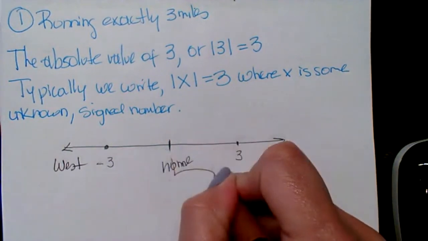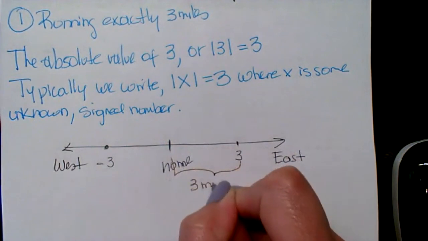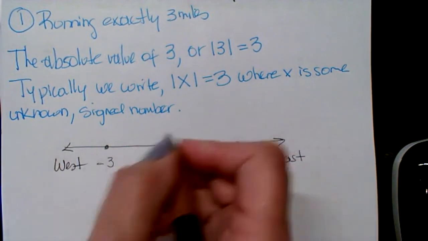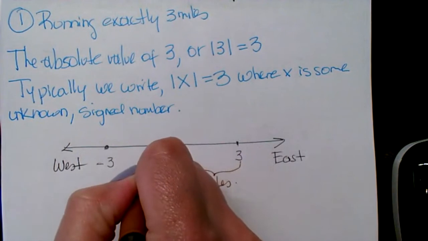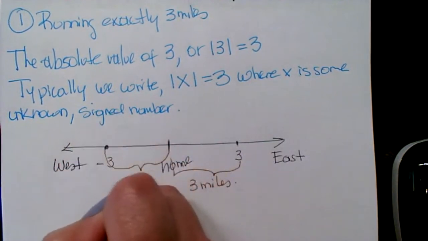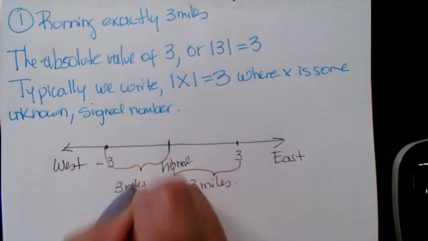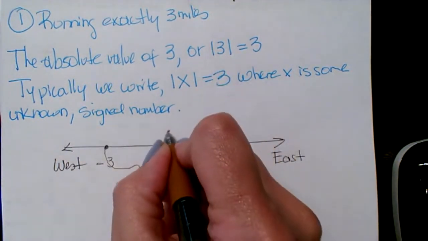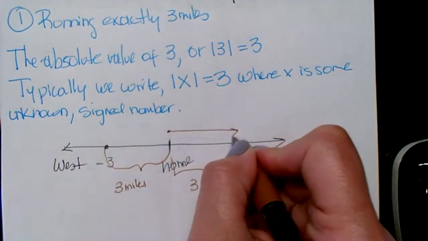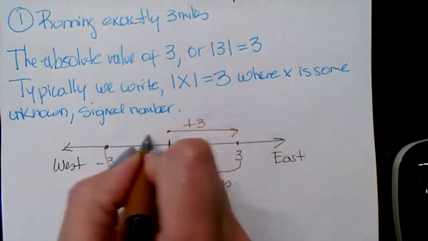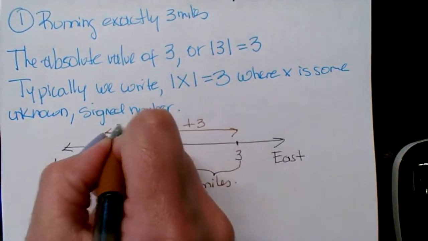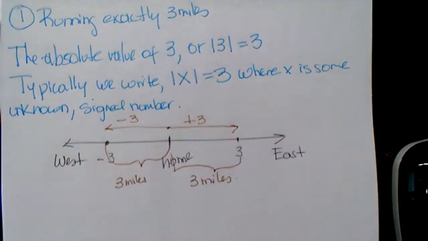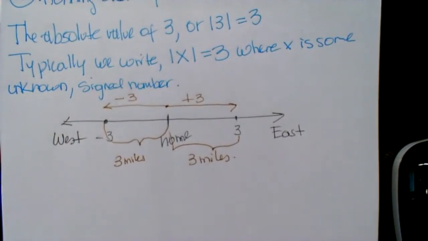In terms of miles, from here to here is what? 3 miles. And from here to here is 3 miles too. If we look under the number line, we know that up to here is positive 3 and we have a negative 3. This is running exactly 3 miles in one dimension.